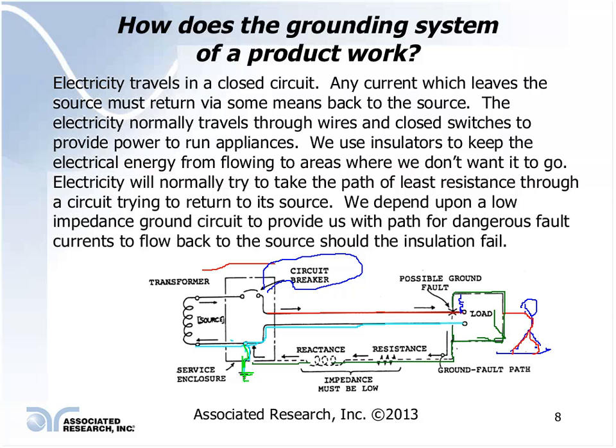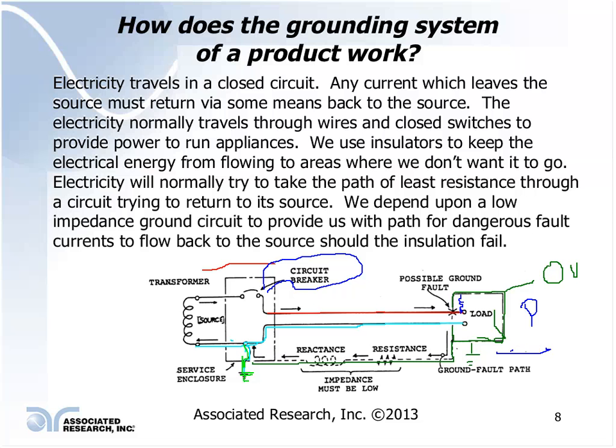And if it is in fact grounded, then this current will flow from this fault back to earth ground, and the enclosure is essentially going to be at 0 volts. So the end result is you're not going to get an electrical shock as a result of this current flowing back through your body.